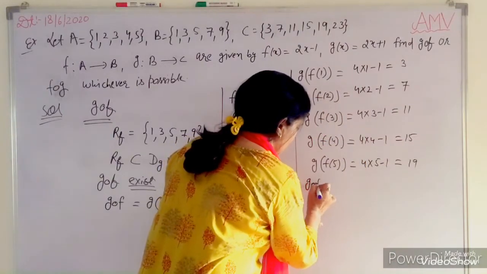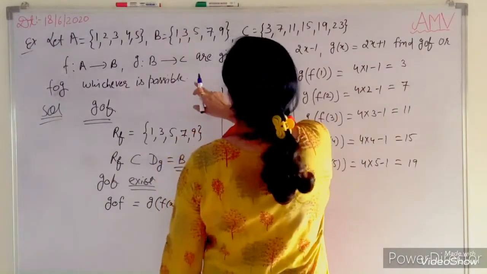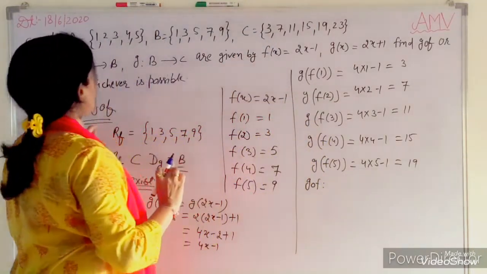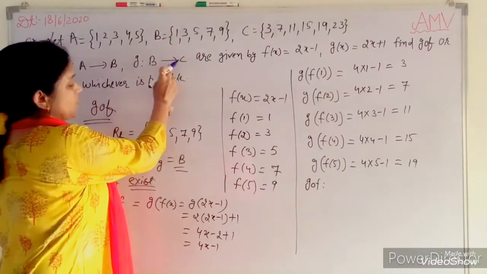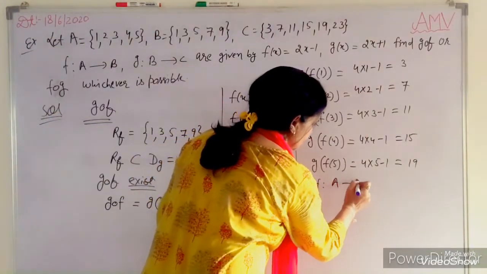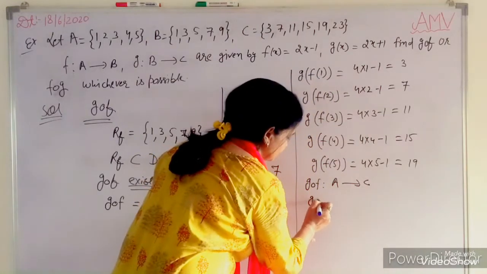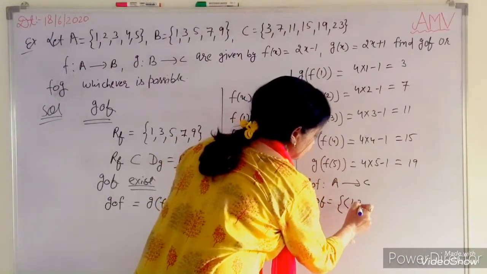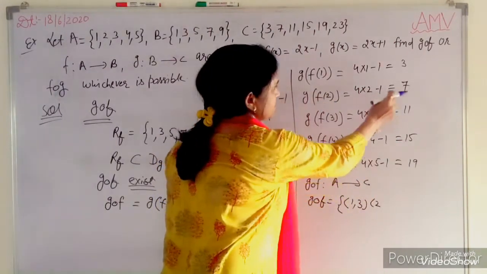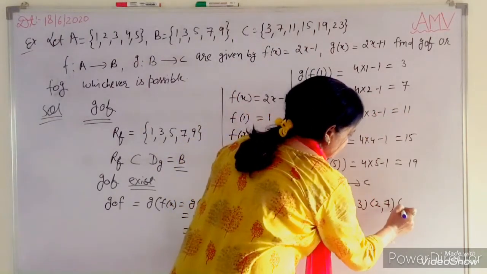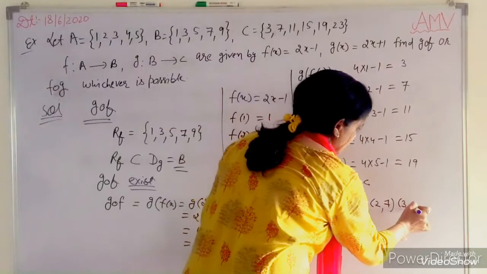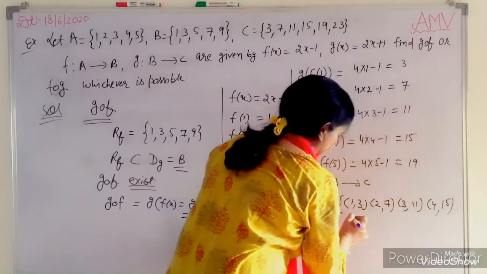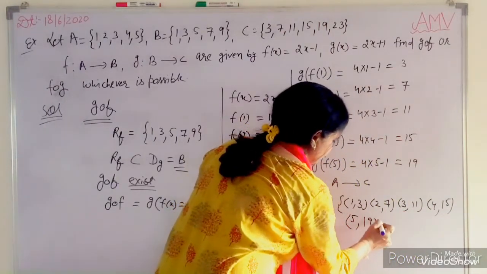So g o f is from which set, student? We are finding g o f, so g o f is from A to C and given by 1 goes to 3, 2, the image of 2 is 7, 3, the image of 3 is 11, 4 goes to 15, and 5 goes to 19.